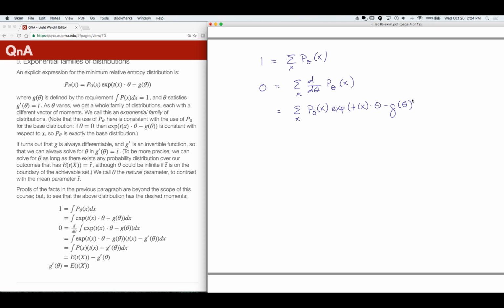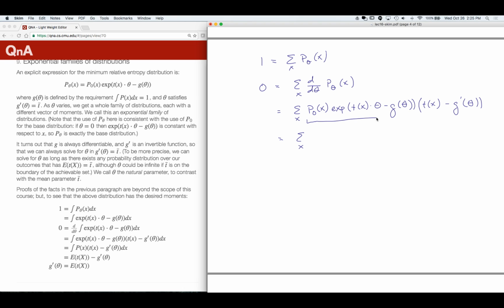And then by the chain rule, we take the derivative of this part here, which with respect to theta is t of x, and the derivative with respect to theta here is minus g prime of theta. So we got this second line by differentiating the first line, and this third line by just filling out the value of p theta and propagating the derivative through.